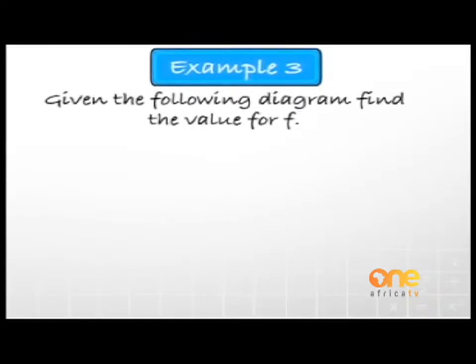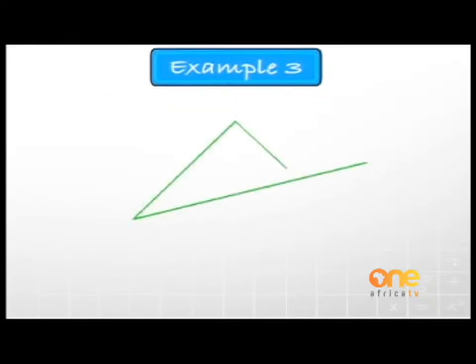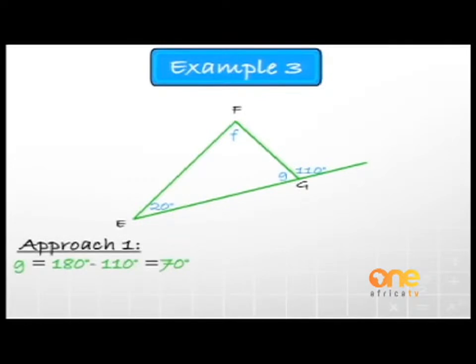This now leads us to example 3. Example 3 says, given the following diagram, find the value of f. Now, there are 2 ways to approach this question. Approach 1. We know that G is equal to 180 degrees minus 110 degrees, which is equal to 70 degrees, since all the angles on a straight line add up to 180 degrees.